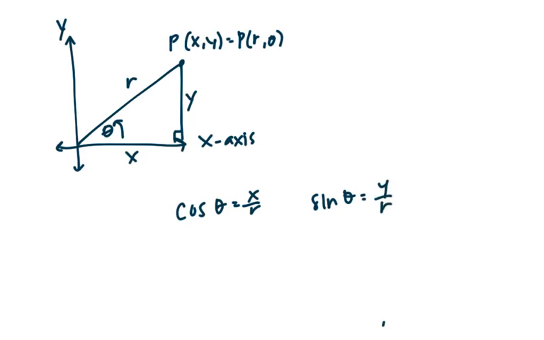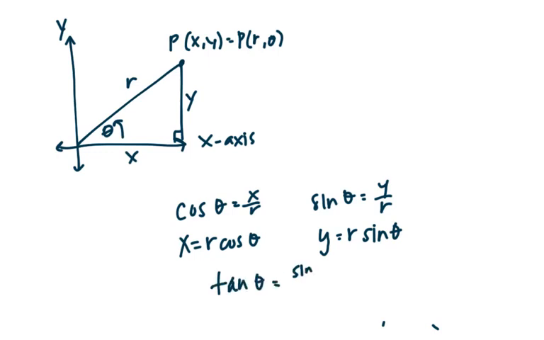So then we can find that x equals, multiply the r up, x equals r times cosine of theta, and y equals r times sine of theta. Now this looks like it happens only in the first quadrant, but it's true for all theta that we can work with. So since we have these, then it's easy to see that tangent theta equals sine theta over cosine theta, which equals y over r over x over r. So it's y over x.